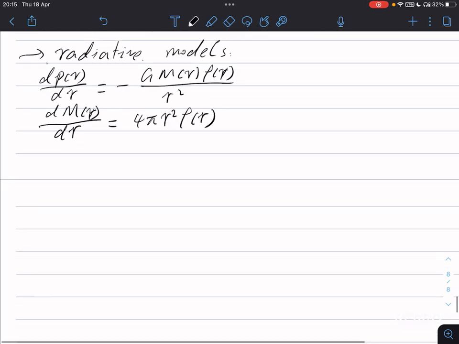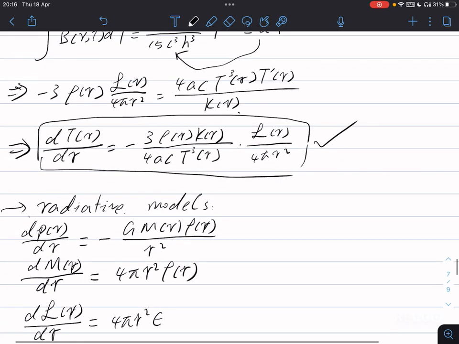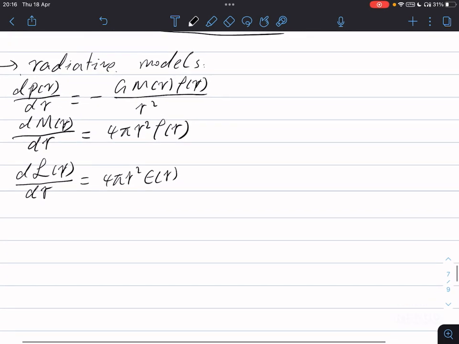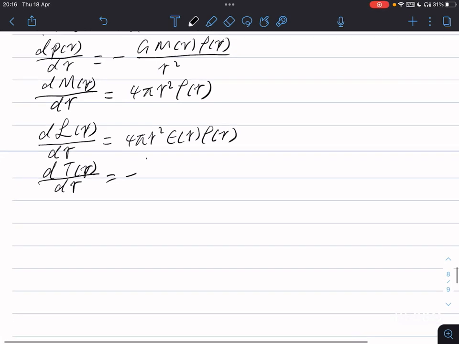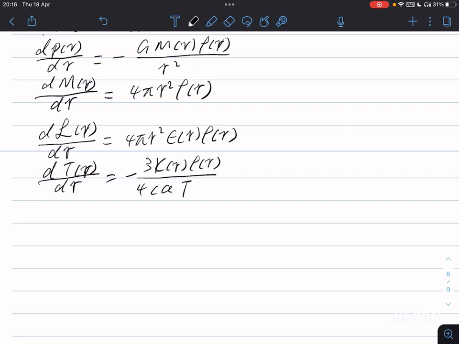And the latter two are the fundamental equations of radiative energy transport: dL(r)/dr equals 4πr² ε(r) ρ(r), and dT(r)/dr equals minus 3χ(r)ρ(r) over 4ac times the third power of T, times L(r) over 4πr².